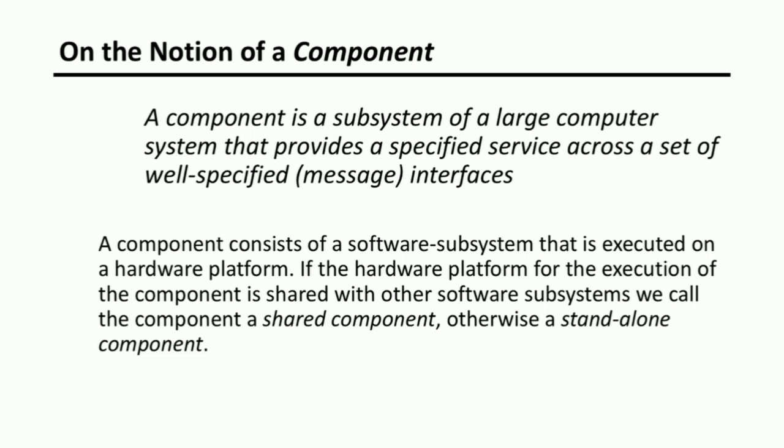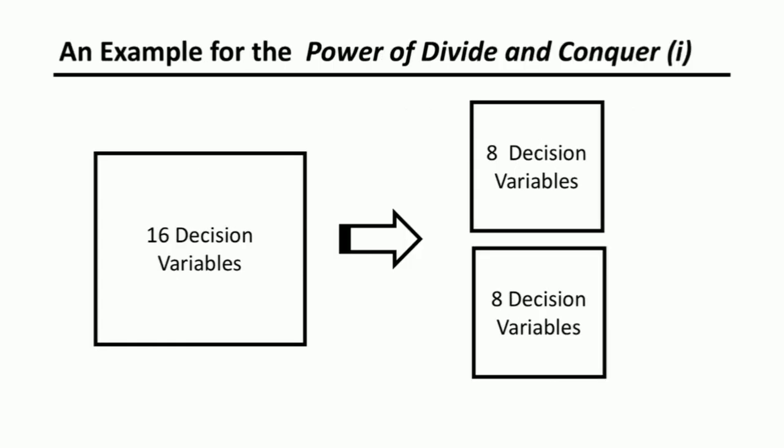Now, let us look a little bit at the power of this divide and conquer technique. And let's take a very simple case. We have one monolithic system, and we use now the cyclometric number, which we have introduced yesterday, as a measure of object complexity, and say that there are 16 decision variables in this large component.